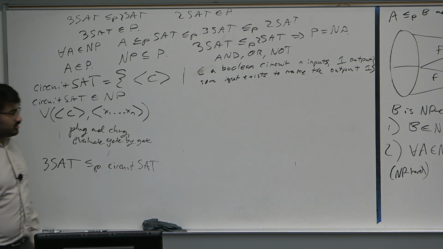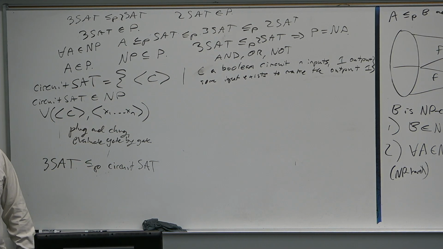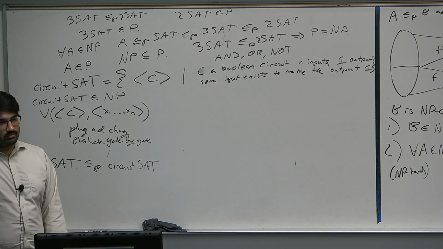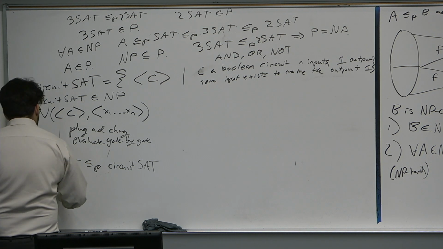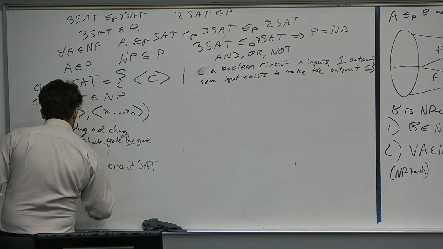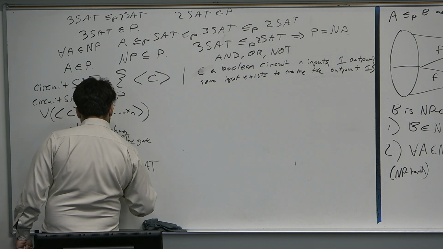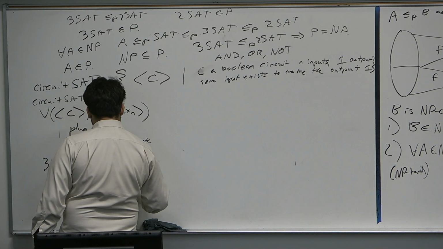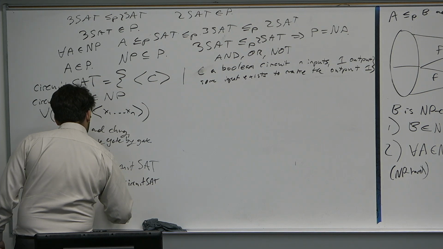What is the polynomial time reduction from 3-SAT to circuit SAT? Again, we want phi to be in 3-SAT if and only if f of phi is in circuit SAT, where f of phi is some circuit. So the input should be a CNF and the output will be some encoded circuit.